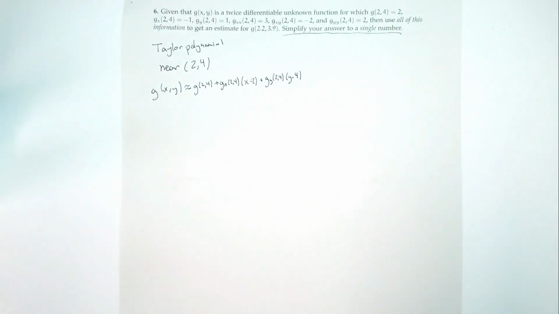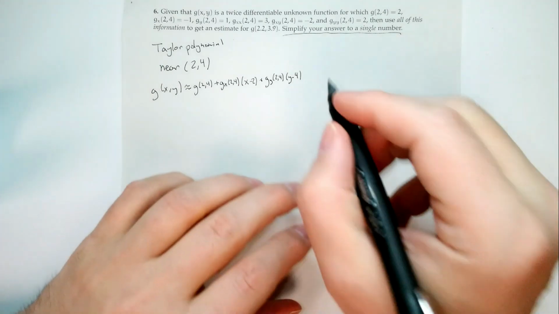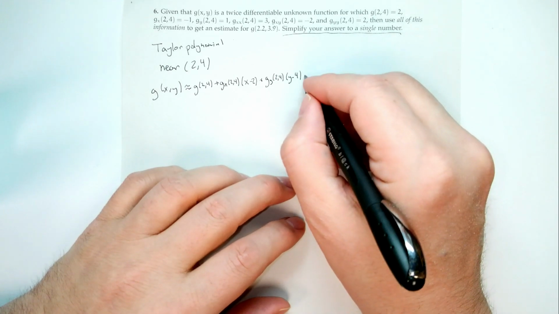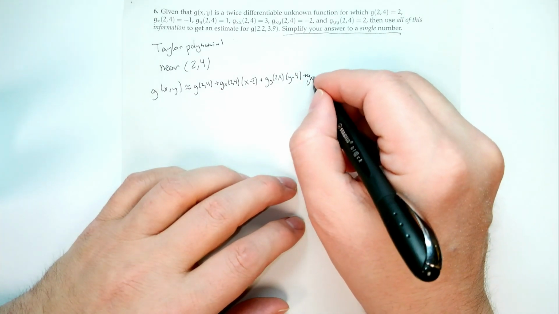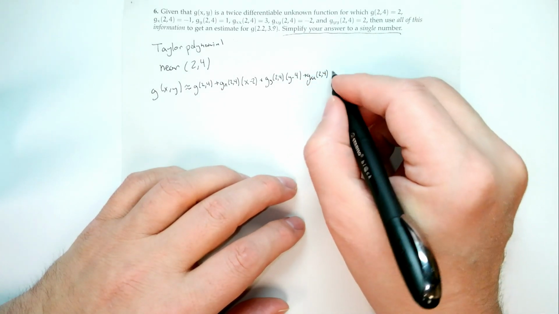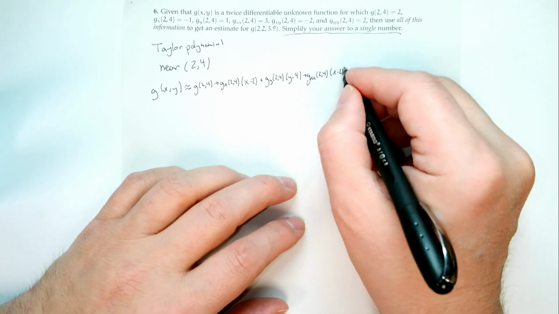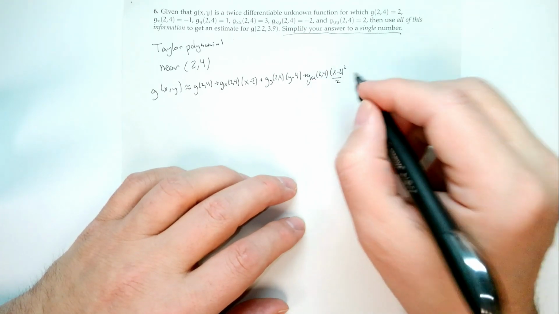Now, if we were to stop there, that would be our linear approximation, which is an approximation and is useful for estimates, but it doesn't use all of the information. So we keep forging ahead. Plus g_xx at (2, 4). And now we're going to multiply this by (x minus 2) squared over 2.